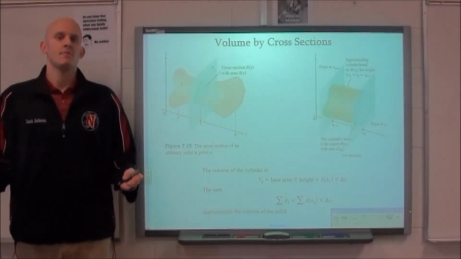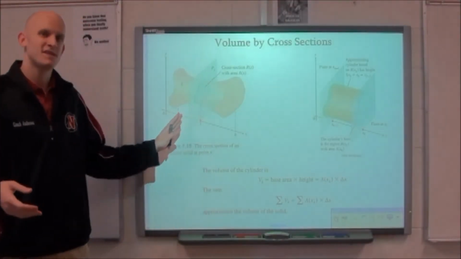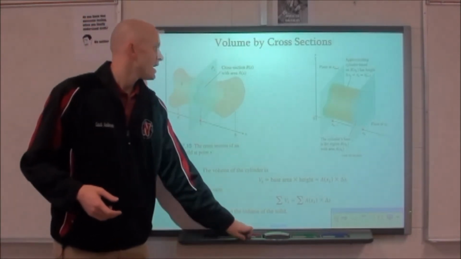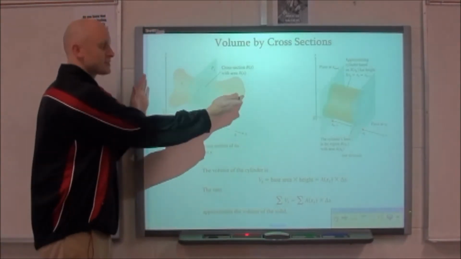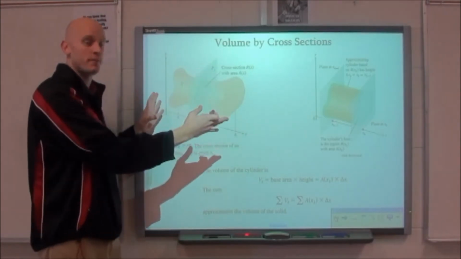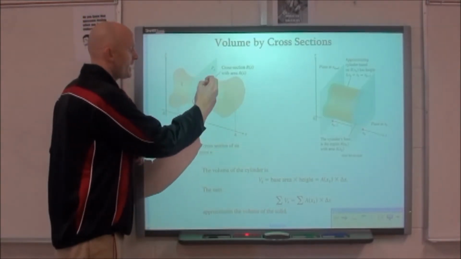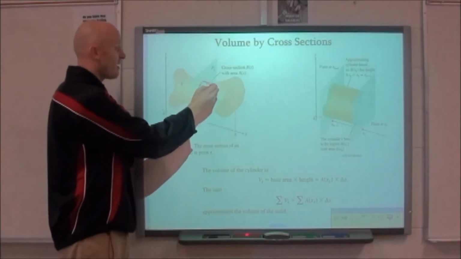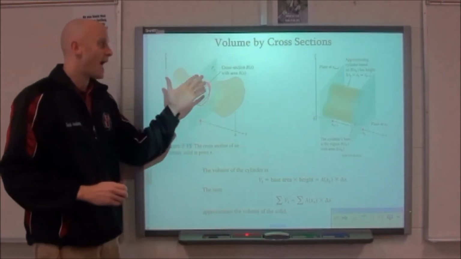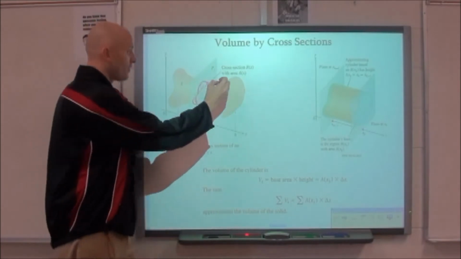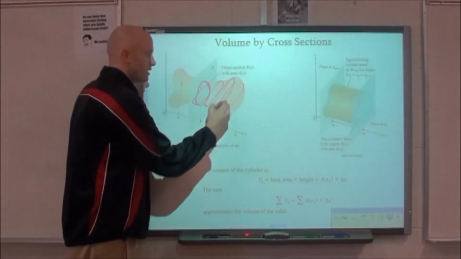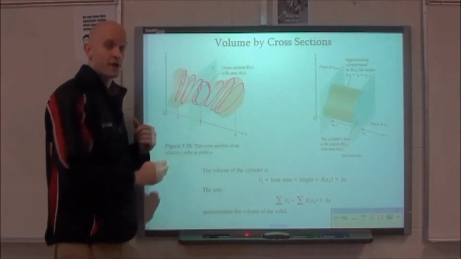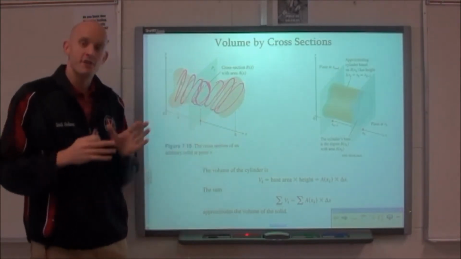That idea of adding up the cross sections is exactly what this illustration is trying to tell you. If I take a look at one cross section of this crazy three-dimensional shape, it has a cross section that looks like this. And if I take that one cross section and add it together with all of the other cross sections, they're an infinite amount, we would have the total volume.